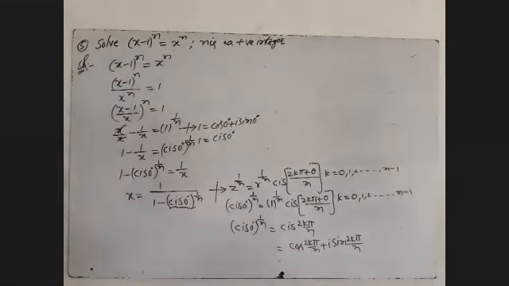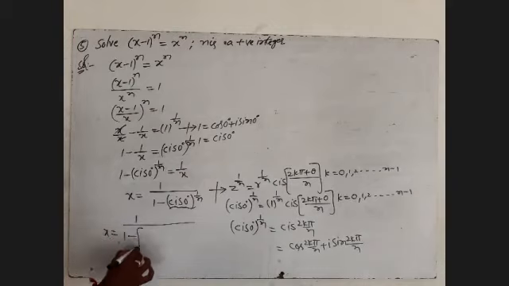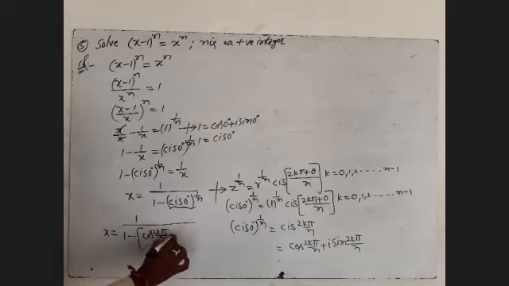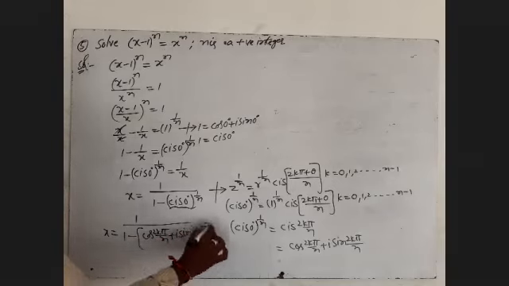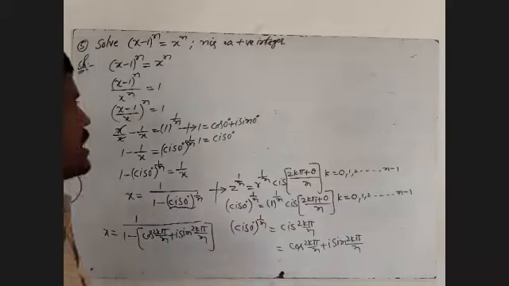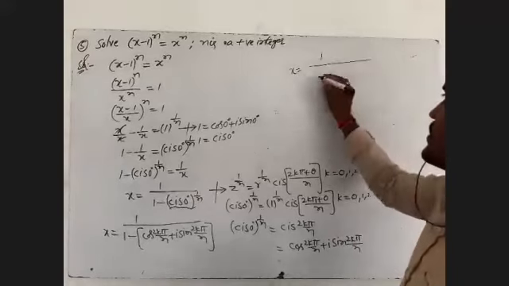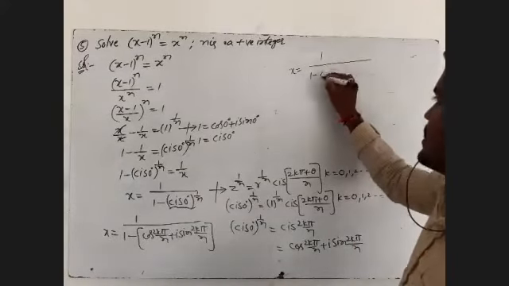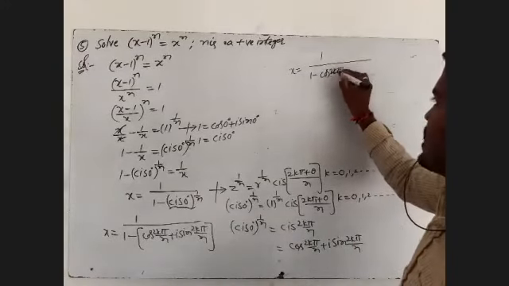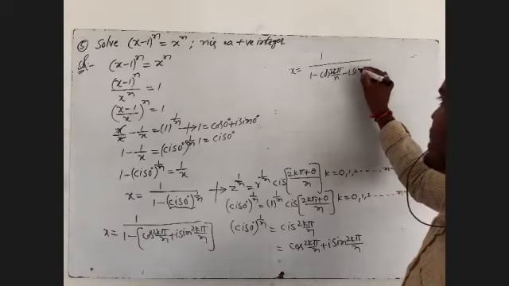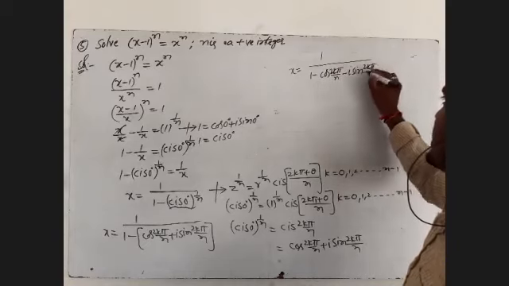We have to substitute in this one, so I will write x is equal to 1 by (1 minus (cos 2k pi by n plus i sin 2k pi by n)). Here what we have to write is x is equal to 1 by (1 minus cos 2k pi by n minus i sin 2k pi by n).